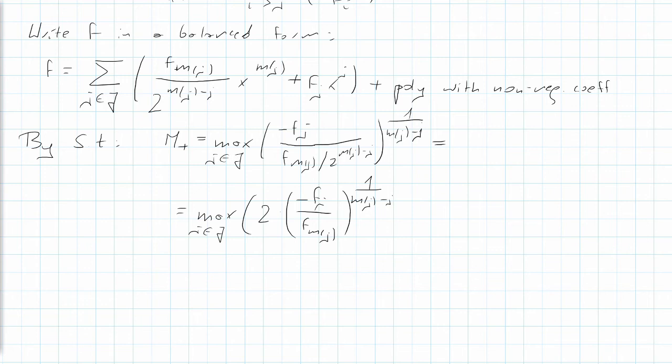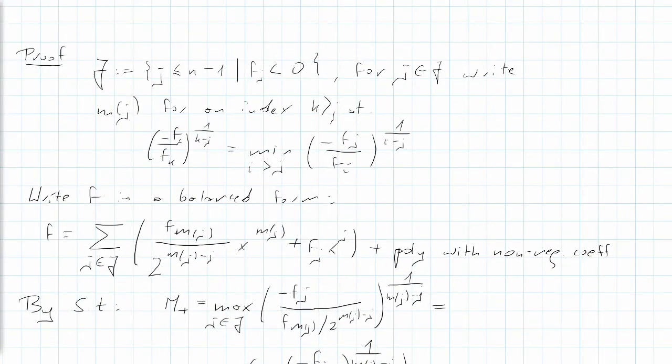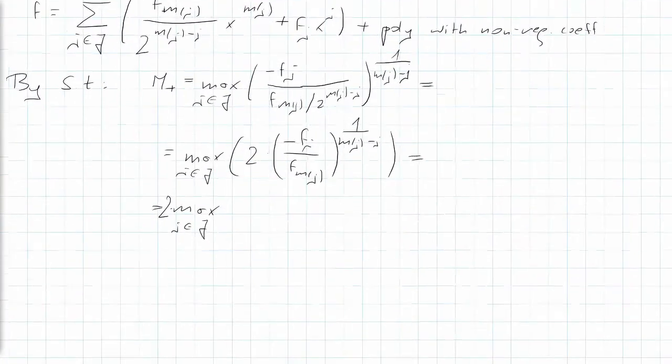Now recall what mj was. It was expressed here, so this is exactly the minimum which appears in Hong's bound.